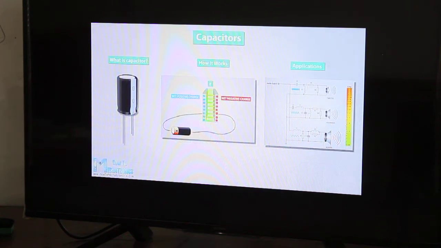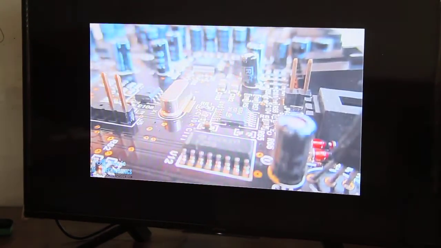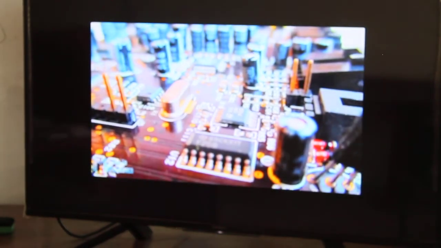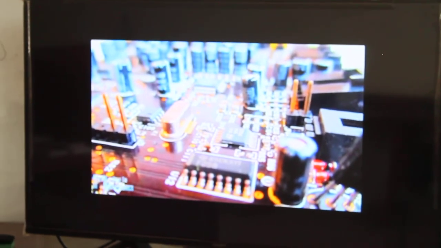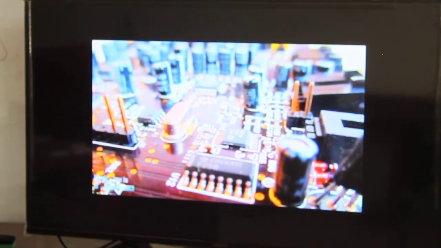In this tutorial we will learn what a capacitor is, how it works, and take a look at some basic application examples. There is almost no circuit which doesn't have a capacitor in it, and along with resistors and inductors, they are the basic passive components that we use in electronics.